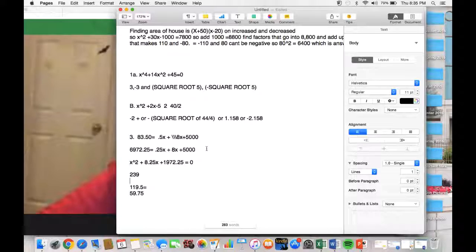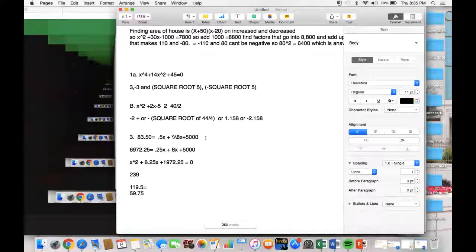Okay. So does that look right so far? 6,972.25 equals 0.25x? Yeah. Okay. So the question is, where do we take it from here?